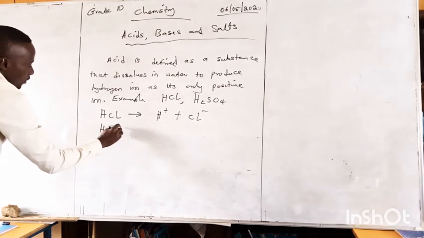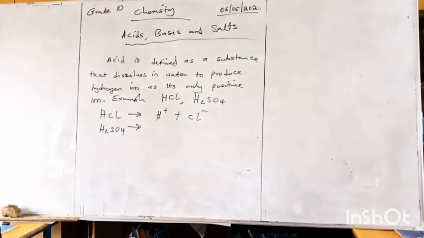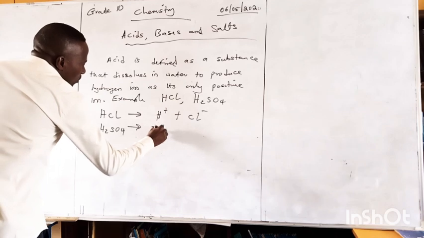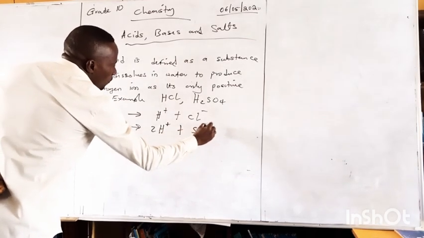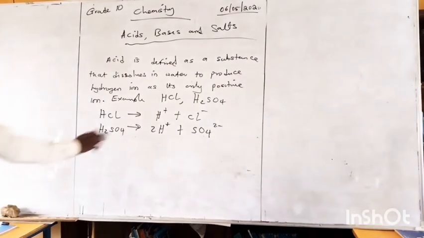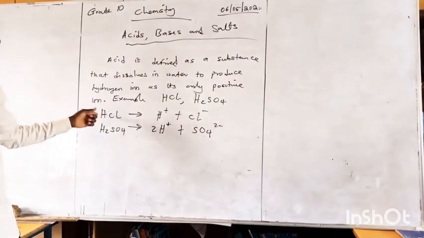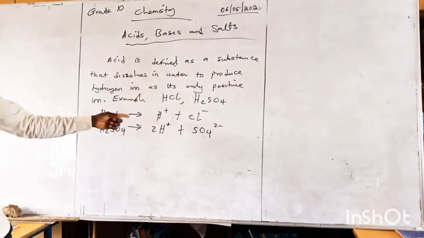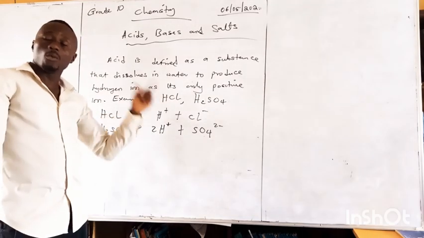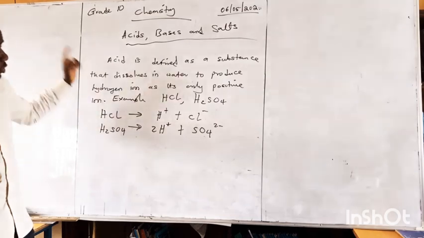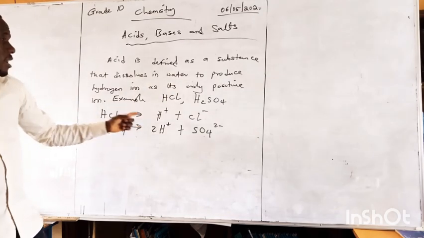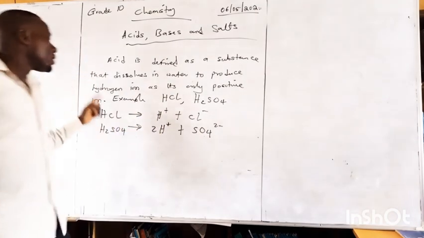H2SO4 will also dissolve in water to give 2 atoms of hydrogen plus sulfate ion. When hydrochloric acid dissolves, it gives hydrogen ion as its own positive ion. H2SO4 will also dissolve in water to produce 2 moles of hydrogen ion. So that's why we call them acids.